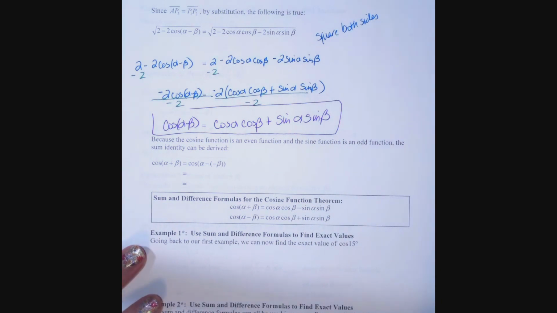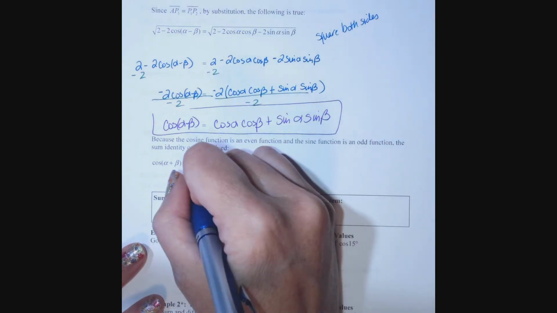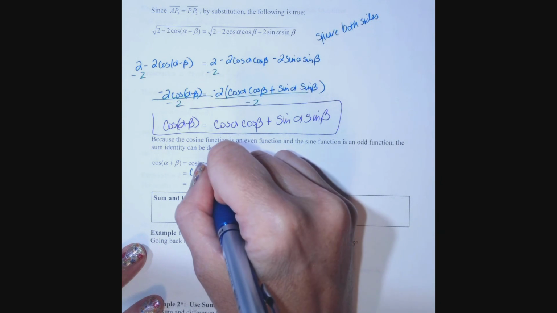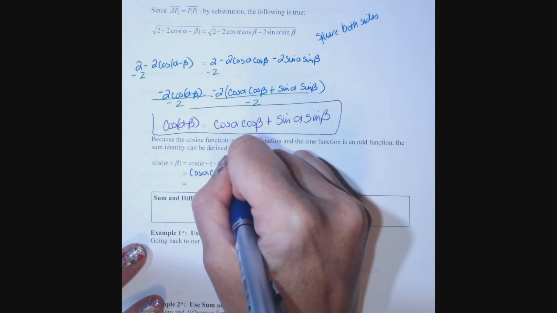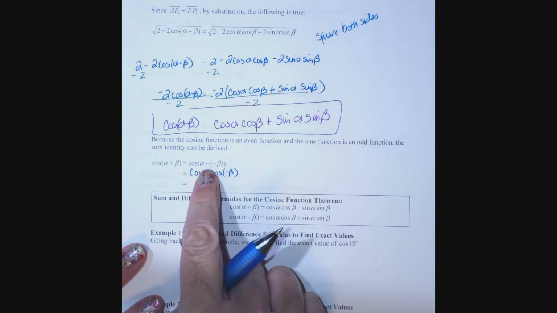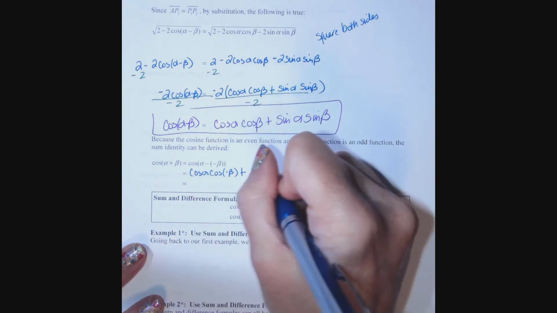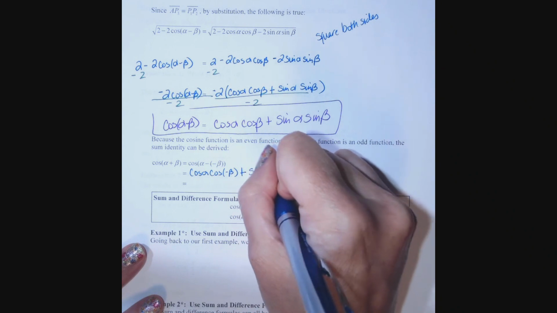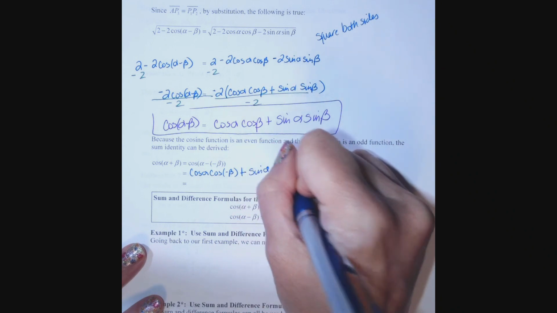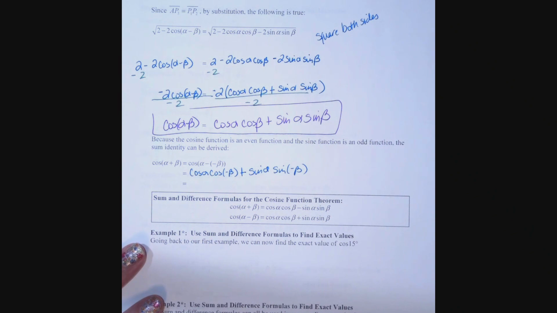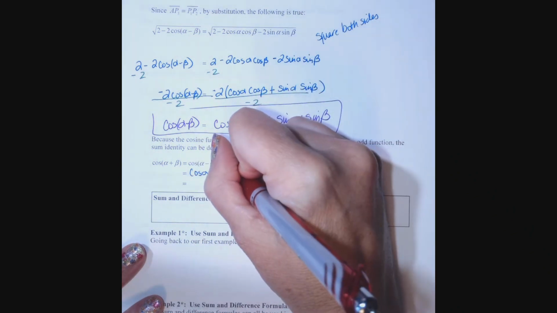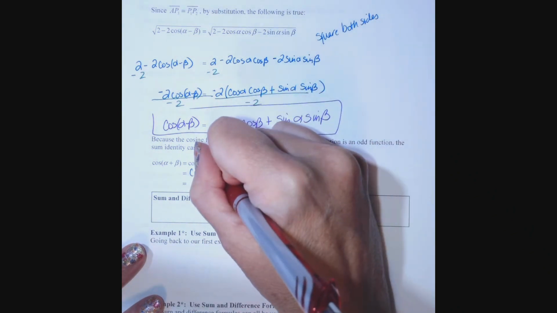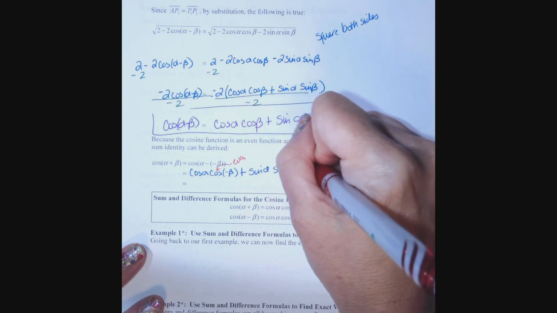So let's reword this to say cosine alpha cosine of negative beta, because this is the cosine difference identity. Cosine of the first angle, cosine of the second, plus sine of the first angle, sine of the second. Now, cosine is even and sine is odd.